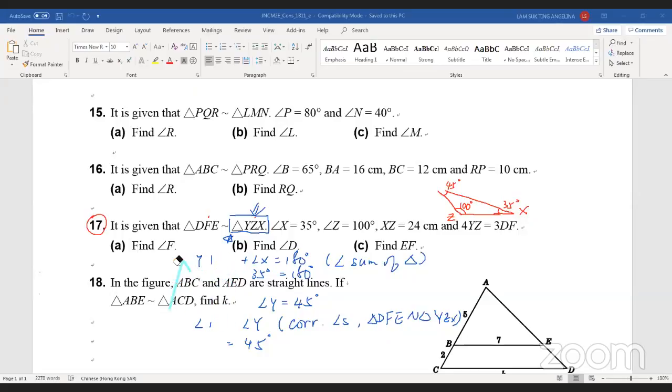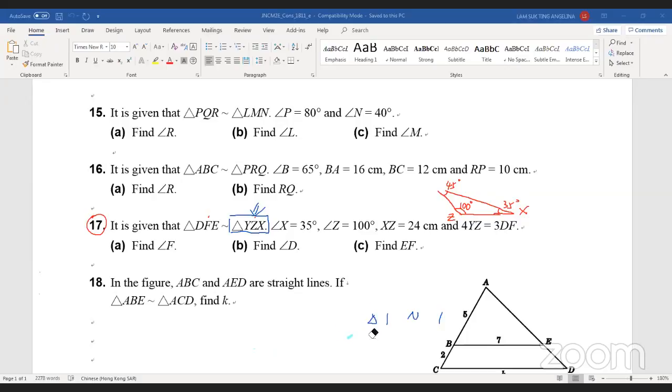Right, then I clear the drawing here because I need the space to do the next one. Now you can see that XC is 24 cm and 4 times YC equals 3 times DF. Now this one, we first get this information, this part, and then we need to rewrite it.